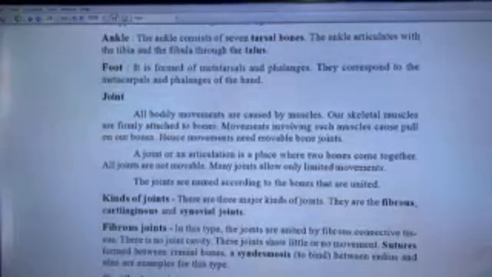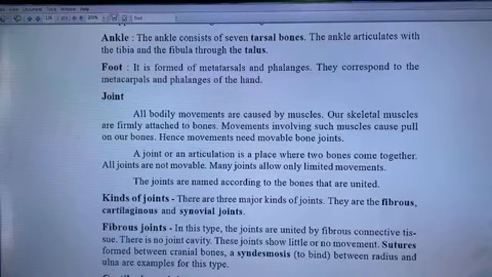It supports most of the weight of the leg. Ankle. The ankle consists of several tarsal bones. The ankle articulates with the tibia and the fibula through the talus. Foot. It is formed of metatarsals and phalanges. They correspond to the metacarpals and phalanges of the hand.